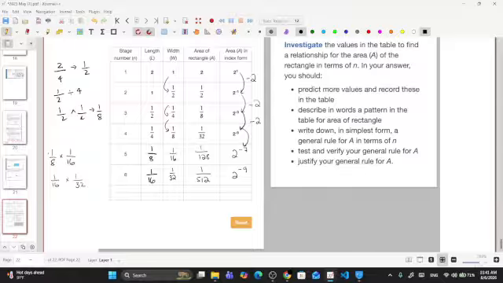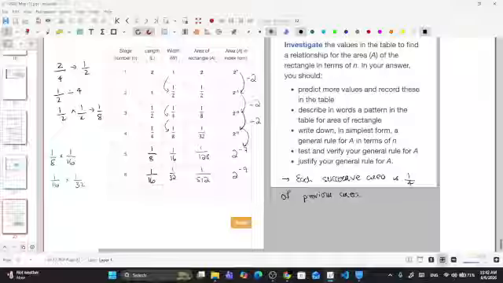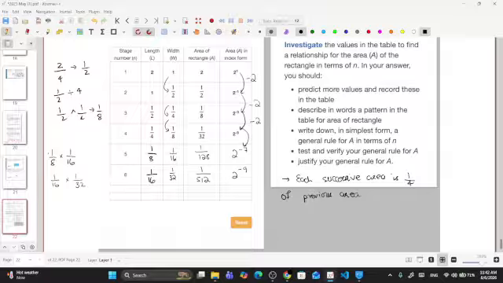So we can say that each successive area is 1 by 4 of the previous area. So that's the pattern for the area of the rectangle.